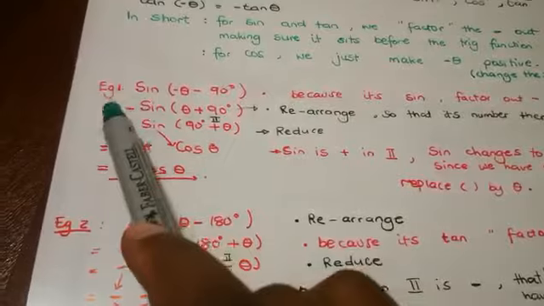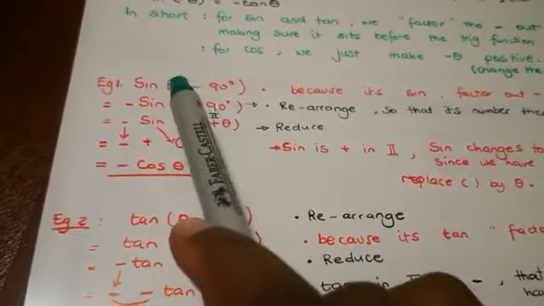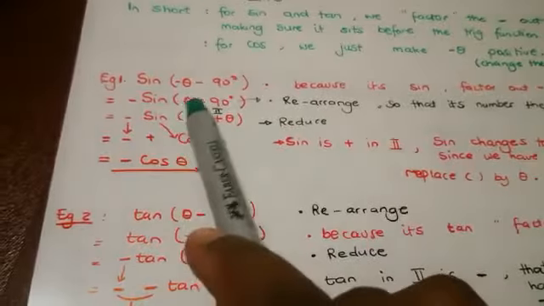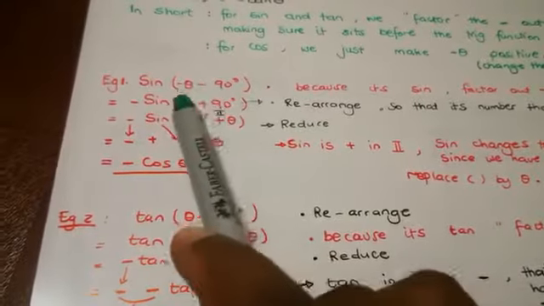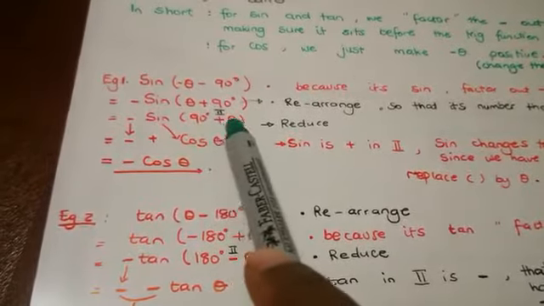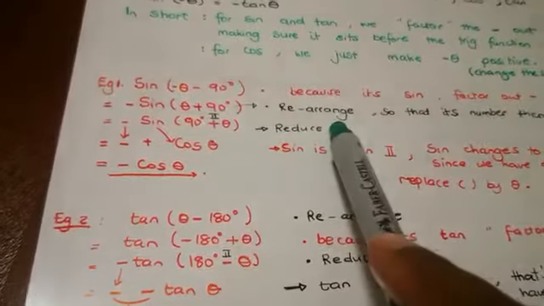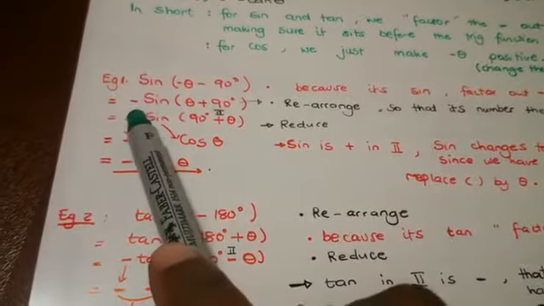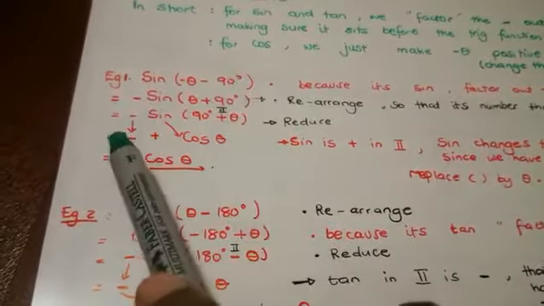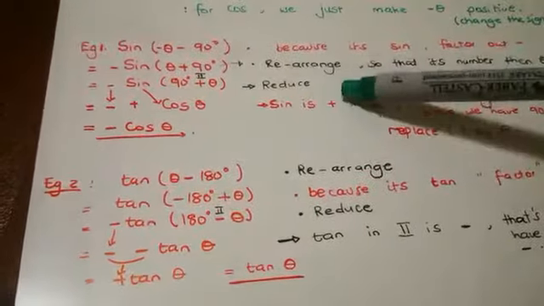When you factor out the negative, this becomes positive, this becomes positive, and then I rearrange so that it's number first and theta. This is what I did here. Then as you can see, now it looks like 90 plus theta. You reduce. Okay, so we've got this negative that we took out of the bracket. Then we have to reduce further.